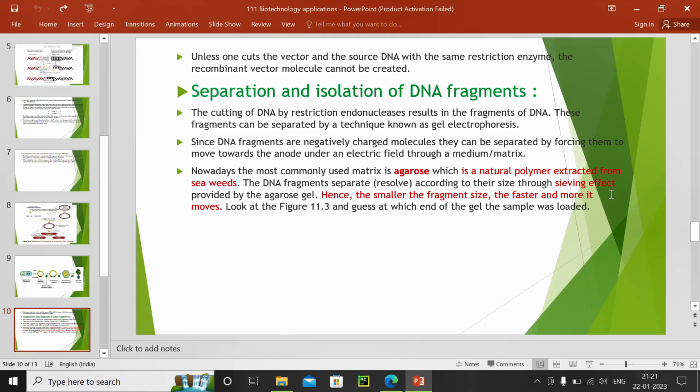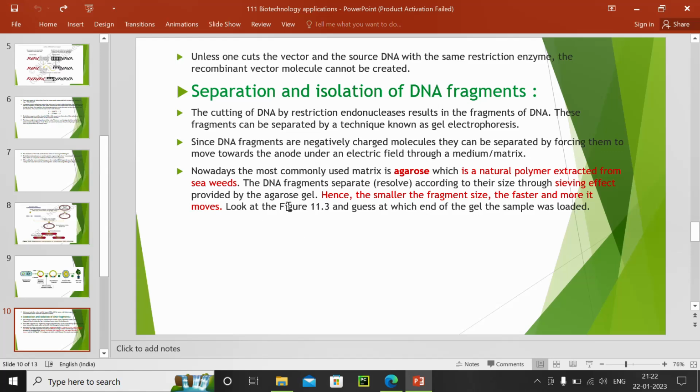Therefore, they are called slow-moving and fast-moving molecules. Resolve means getting separated according to their size through a sieving effect provided by the agarose gel.